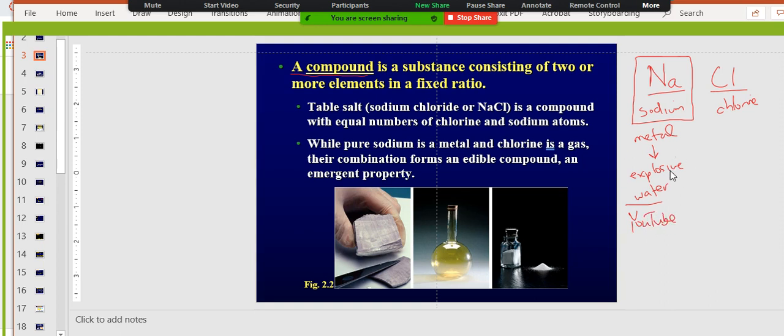Just type in sodium reacting with water, and you'll see there are people that have bought big chunks of sodium metal off of eBay or wherever, and then they've thrown it in a pond, and it explodes and catches on fire. So it's a very explosive element.